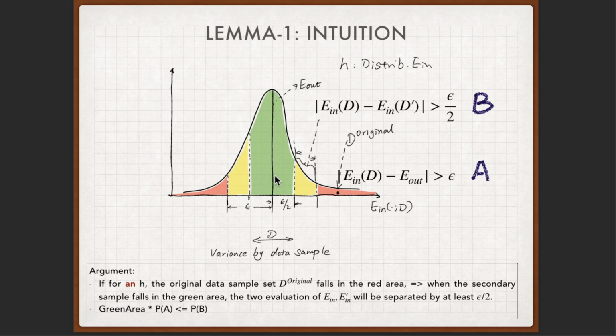We are not greedy, as we have discussed in this example. We only want the event C to happen in 50% of all the cases. Then we will say the probability of A will be bounded by twice the probability of B.